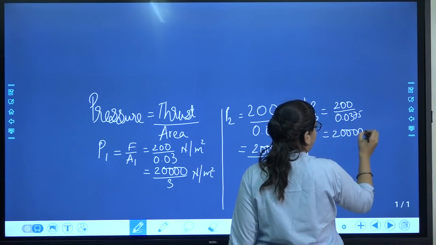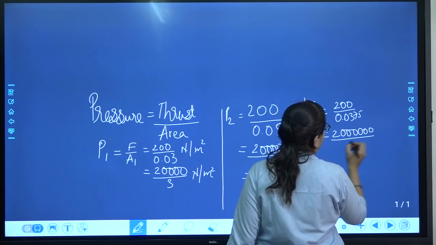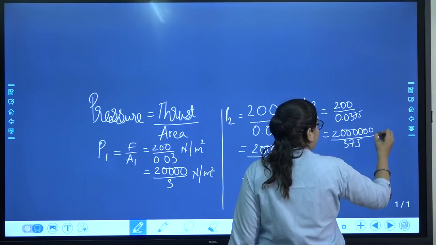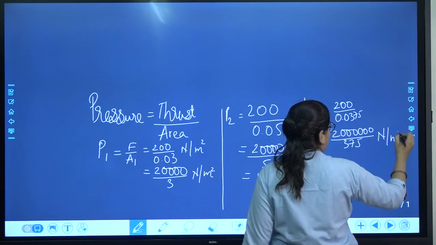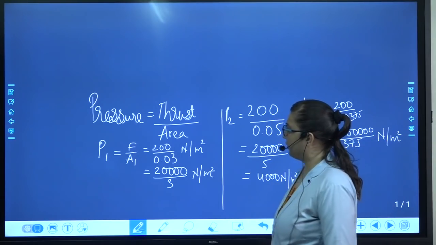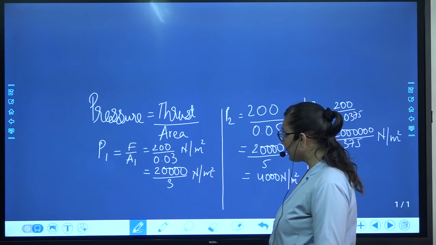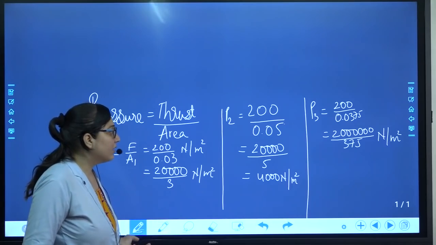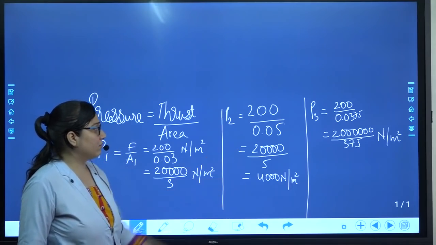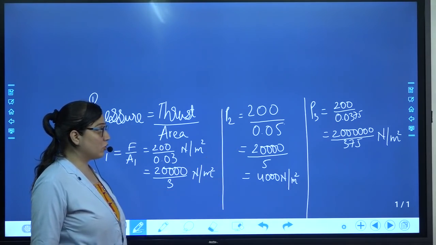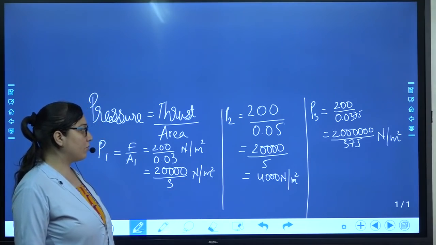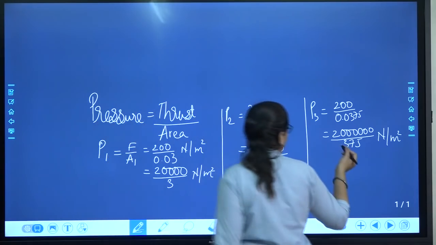So 2 already there. This much Newton per meter square. You can cancel out over here. Alright. Here you will get 6 point something. 3, 6, 18. Here 375 stable you need to go with. Approximately, if we talk about the answer, it will be 5 point something.